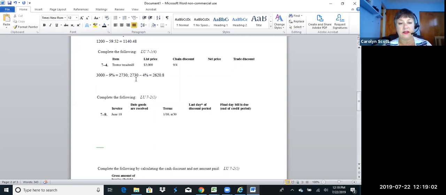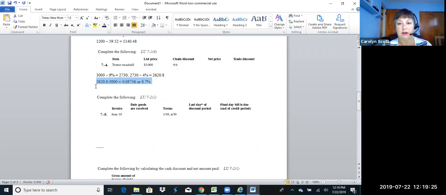So then to find the net price after the second discount, we take that $2,730 and we subtract 4%. And that leaves us with $2,620.80 as our net price. So we still need to figure our trade discount.